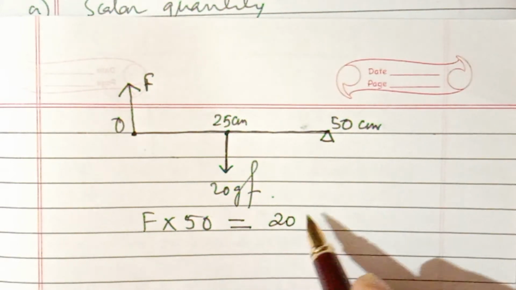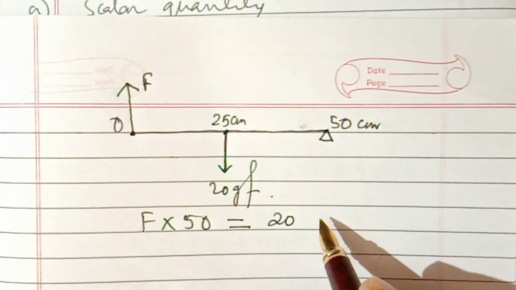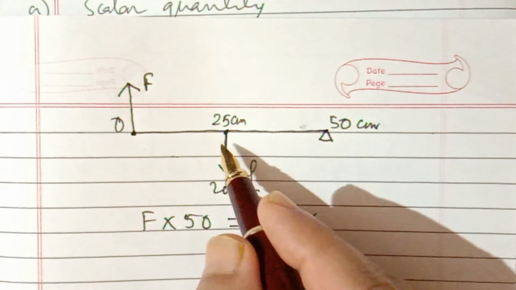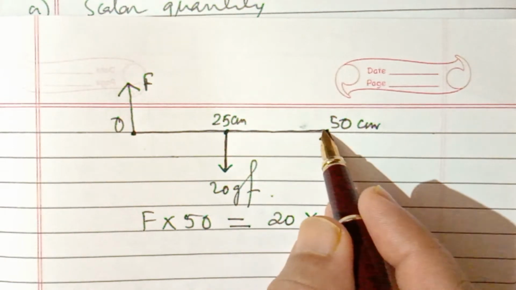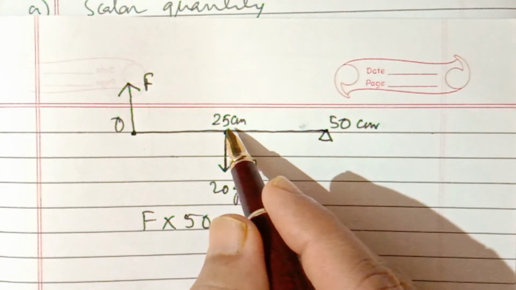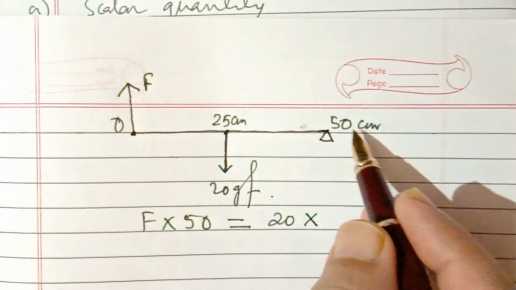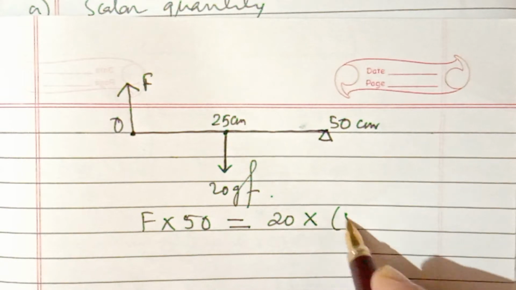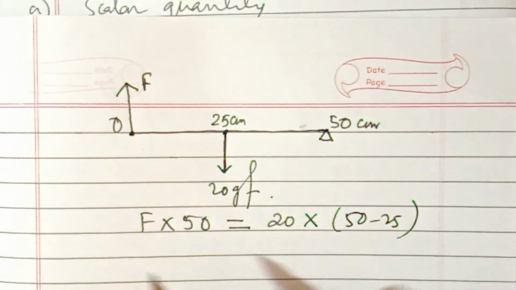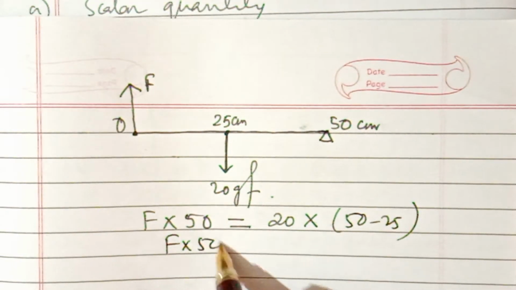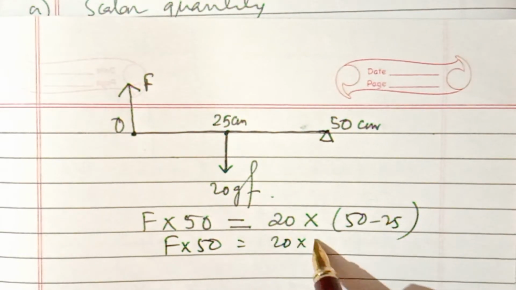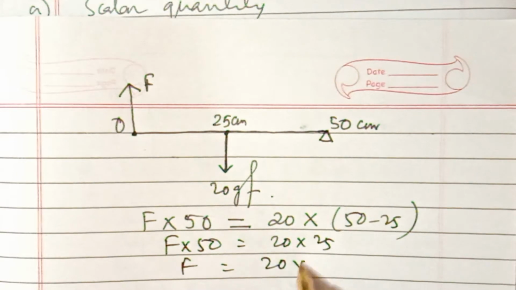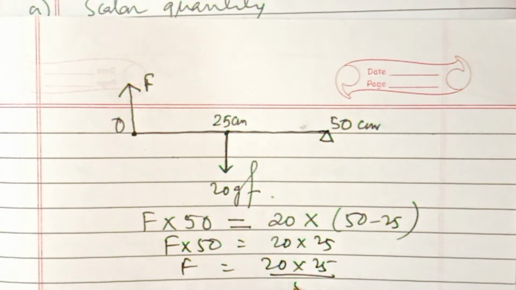So 20 gram force is producing anti-clockwise moment. So what is the moment of 20 gram force? 20 gram force into its distance from the axis of rotation. As this is at 25 centimeter, pivot at 50, so 50 minus 25. Then F into 50 equals 20 into 25. So F equals 20 into 25 by 50.